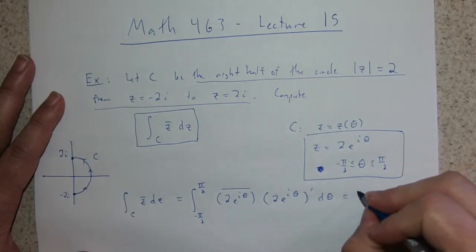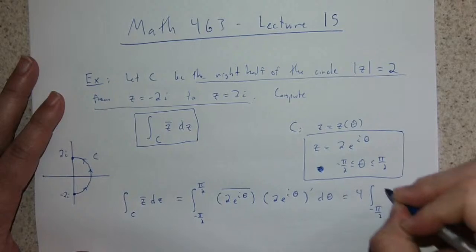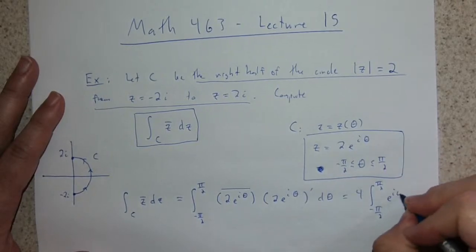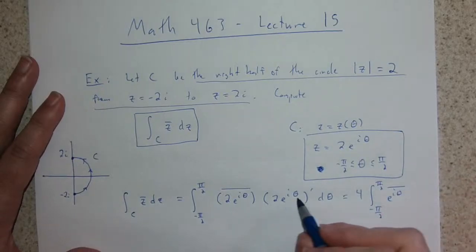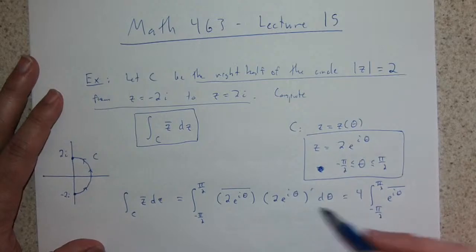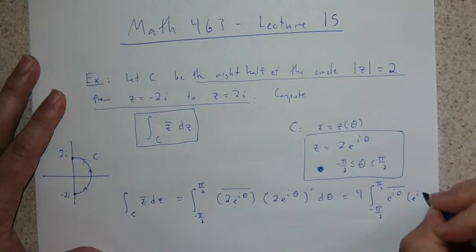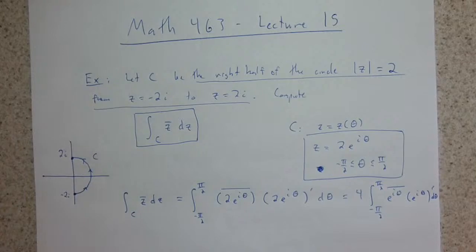So 2 times 2 is 4, so this is 4 times the integral from minus pi over 2 to pi over 2 of e to the i theta bar times the derivative of e to the i theta with respect to theta. I don't have room to write it here, so I'm just going to write e to the i theta prime, since I've pulled this constant out of that derivative.